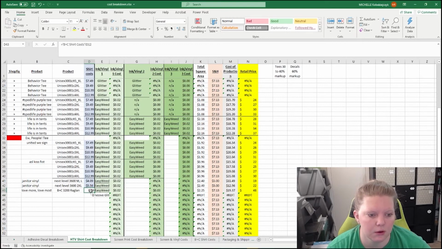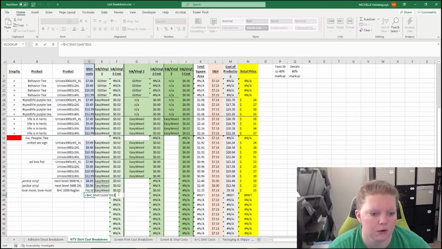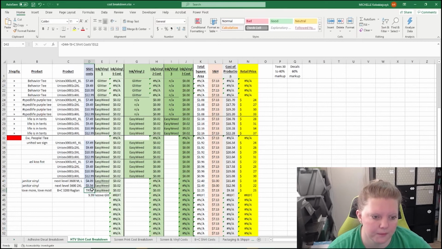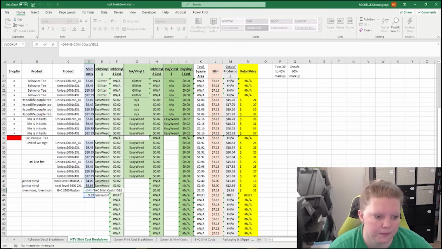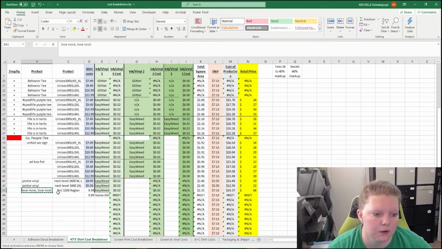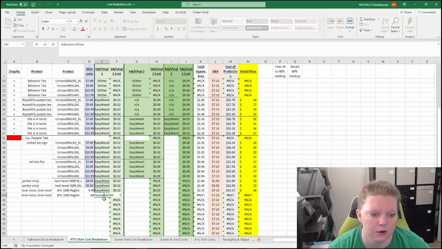Why? Oh, T12. That's why. Okay. So, we're going to do this one as easy weed, and we're going to do this one as adhesive glitter, which I don't know why you're not looking it up.